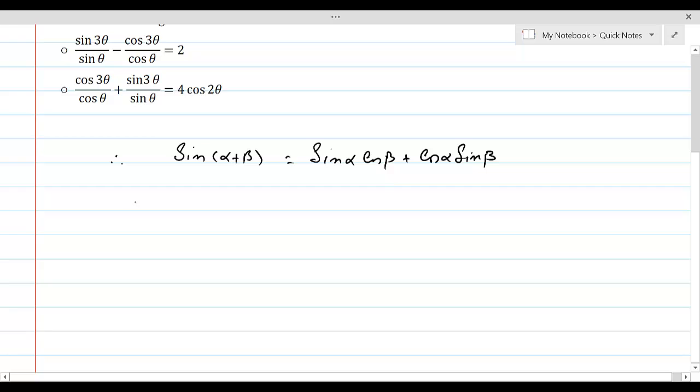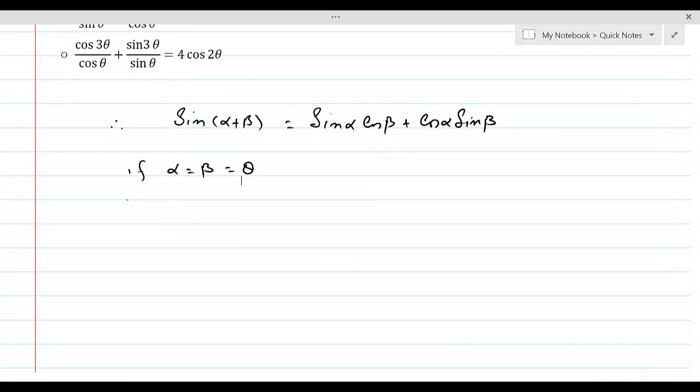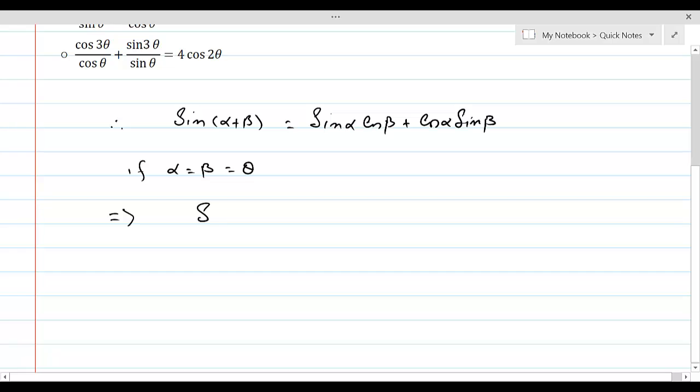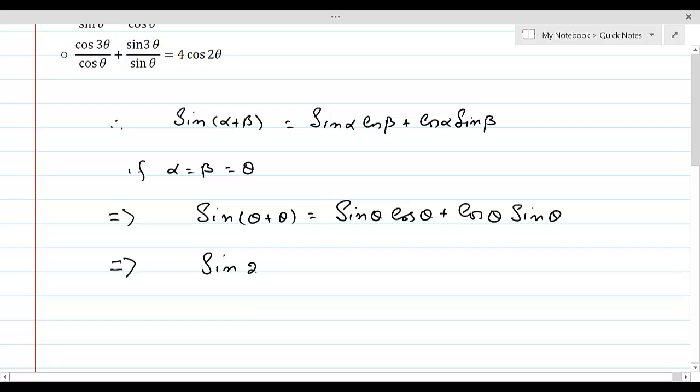Now, if we substitute alpha and beta both as equal angle, if alpha is equal to angle beta and the value for both of them is theta, this means sine theta plus theta will be equal to sine theta cos theta plus cos theta sine theta. So essentially what it means is sine 2 theta is equal to 2 sine theta into cos theta.